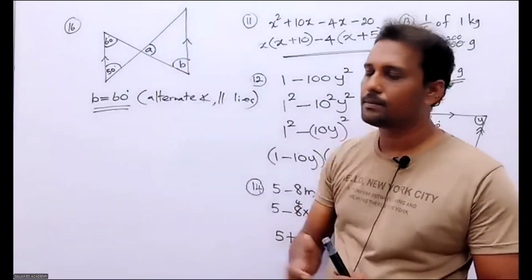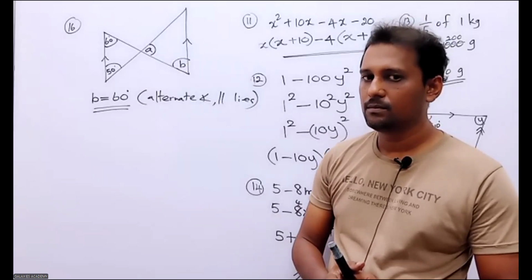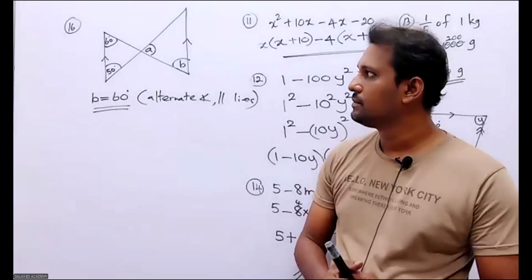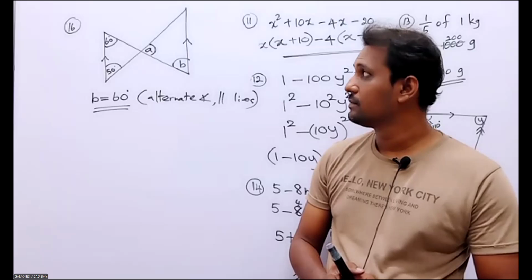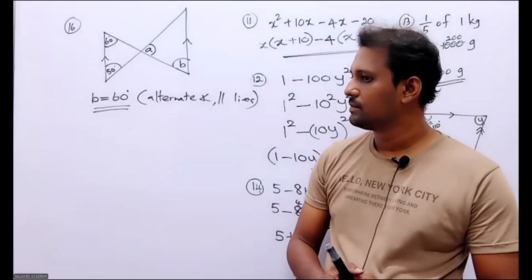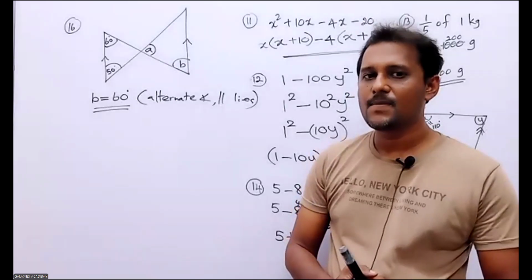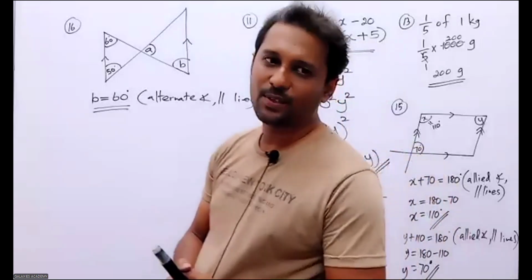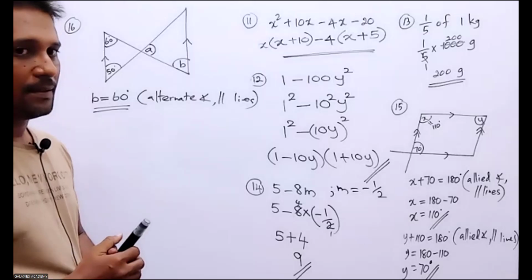Then B is equal to 60. Then A plus B plus 50 equals 180 because of the sum of interior angles in a triangle. Right, then you can solve it. Yes, correct.